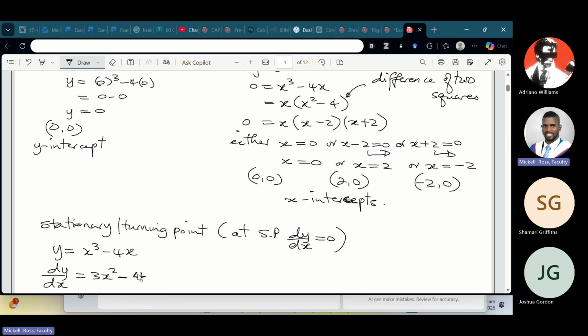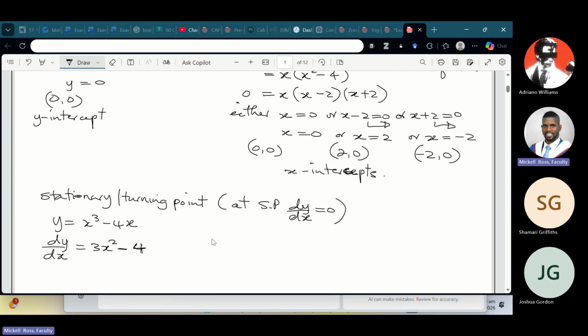And then from here, we need to find the stationary point. So remember, at the stationary point, the gradient is equal to 0. So 3x squared minus 4 is going to be equal to 0. We're going to solve for x.